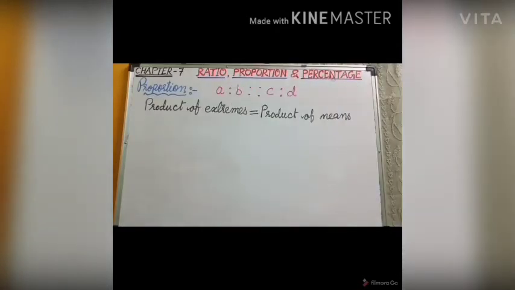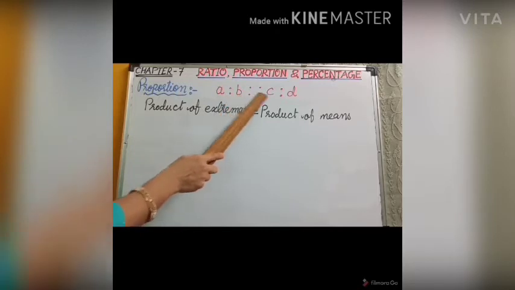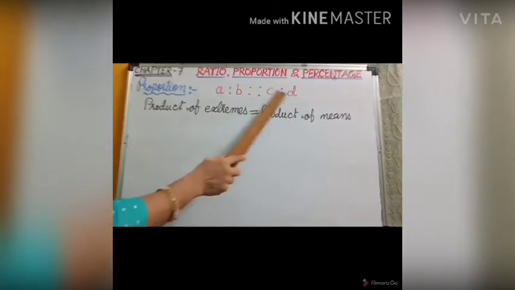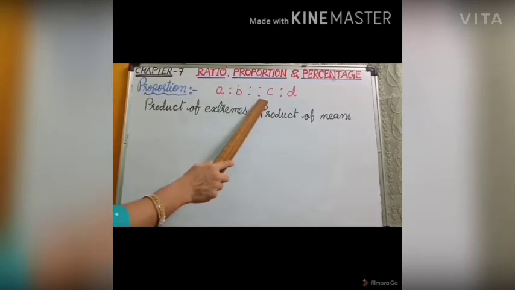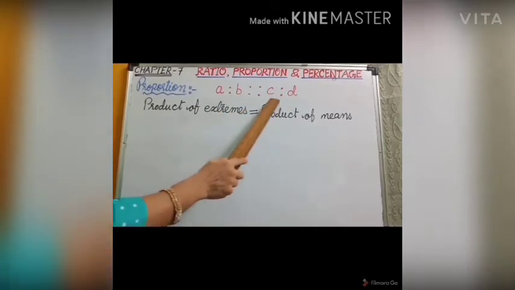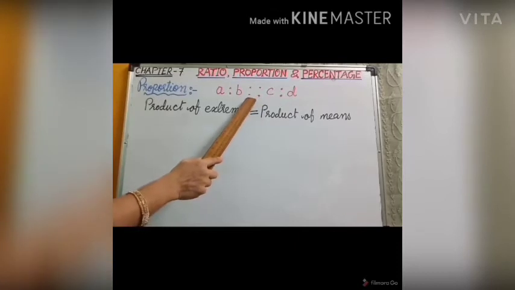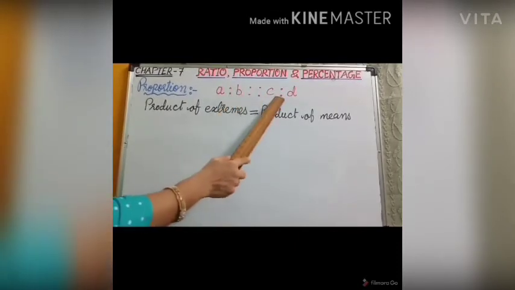So students, let's see the property of proportion. Here two ratios are there, A is to B and C is to D. They are in proportion because the proportion sign is in between. That means A is to B and C is to D are in proportion, that means they both are equivalent.